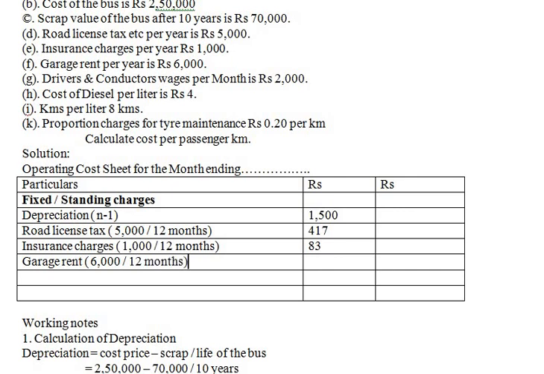As we are calculating this for a month, and the expenses they have given are for the year, we are dividing it by 12 months. That is 500. Now drivers and conductors wages: per month they have given 2,000, so directly we will write the amount as 2,000.